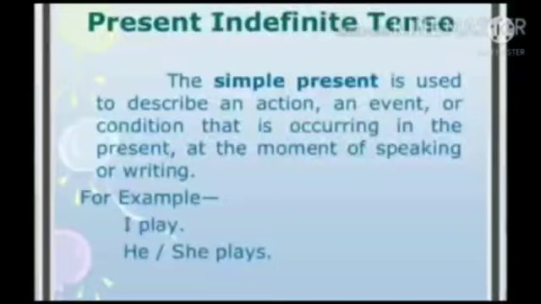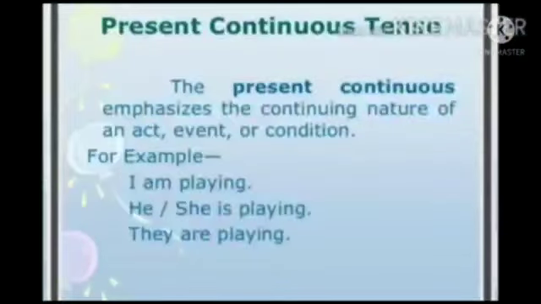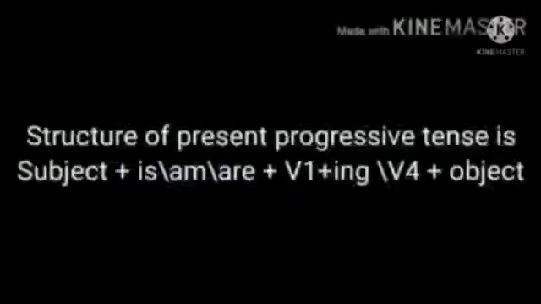Now let's move on to the second one in the present tense category, that is present continuous tense or the progressive. What is it? Its structure is subject plus is, am, are.